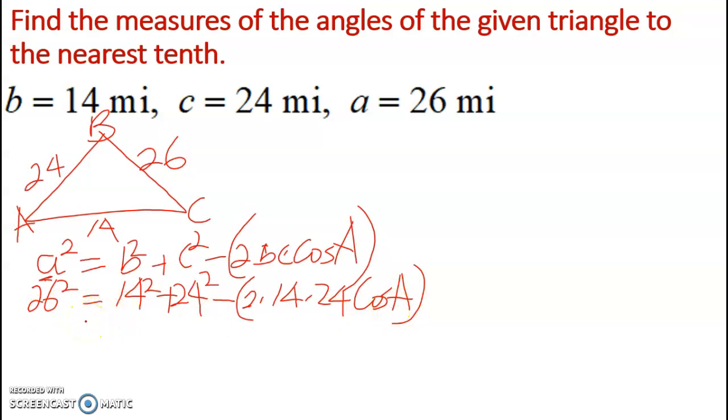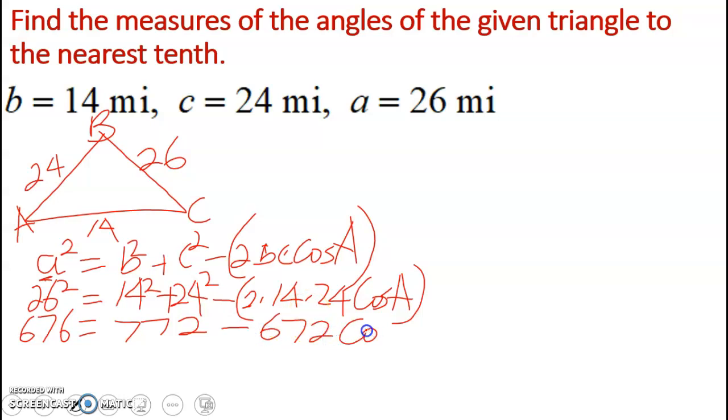So 26 squared is 676. If you square 14 and 24 and add them, we get 772. Minus, we multiply all of these, we get 672 cosine A. You can do this in your calculator.